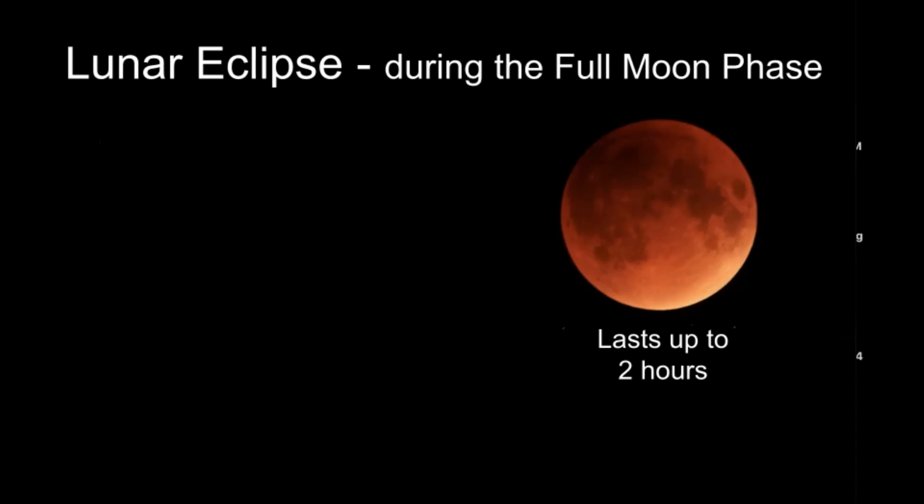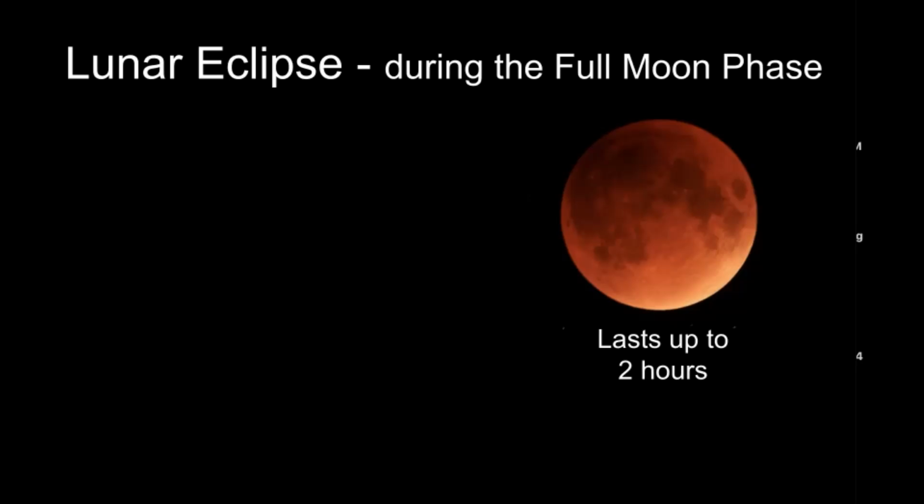Whose shadow is the moon in when it's a lunar eclipse? Which celestial body is causing this shadow? Audie, what's happening here? The shadow is being caused by the Earth.